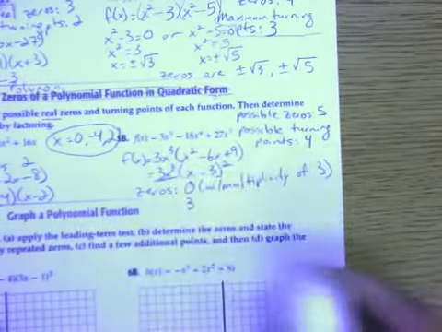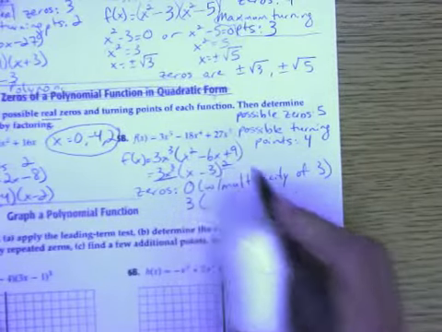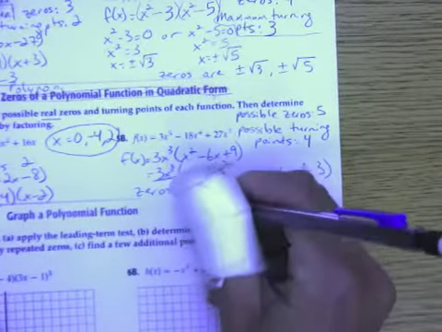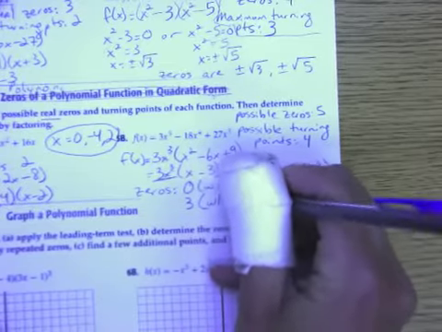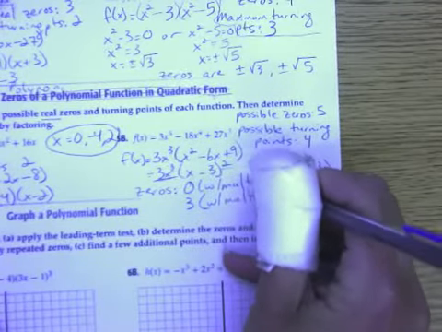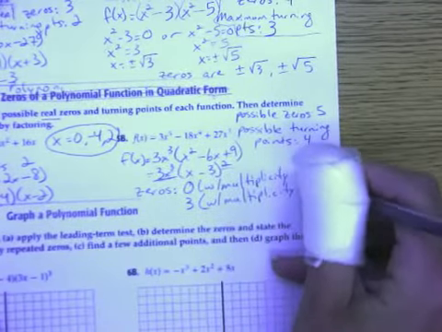For this one, we would say that 3 is a 0. Again, because of the exponent, we would say with multiplicity of 2.